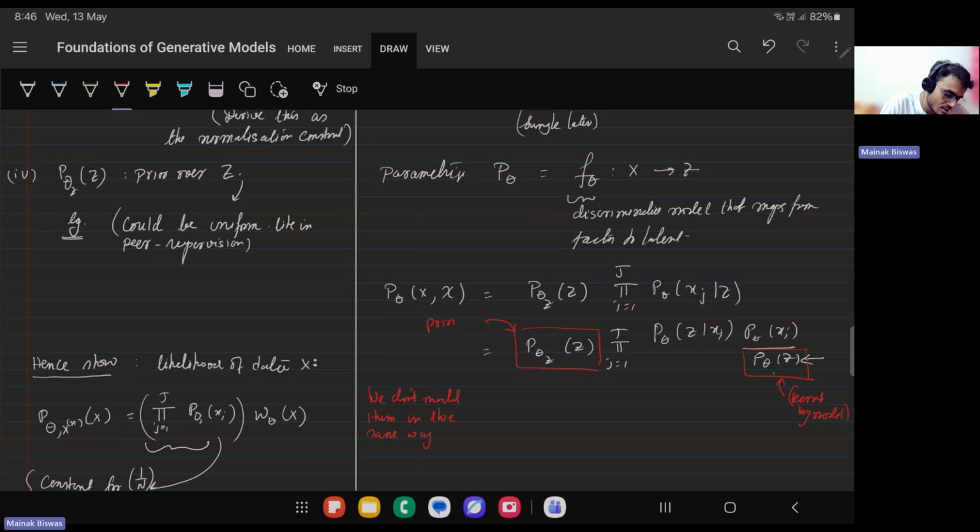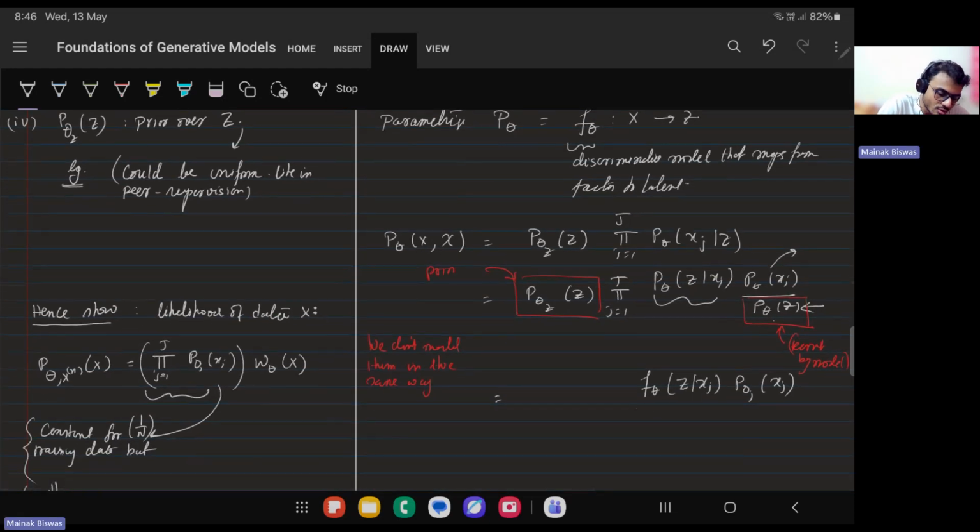We'll see how. Based on my assumption, this will be my f theta network of z given xj. And this I will say is equal to this distribution, which I'll come to. This is not learned, it's constant. This is a delta Dirac distribution over samples, training data.